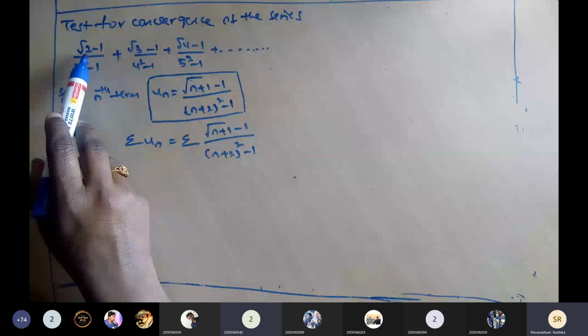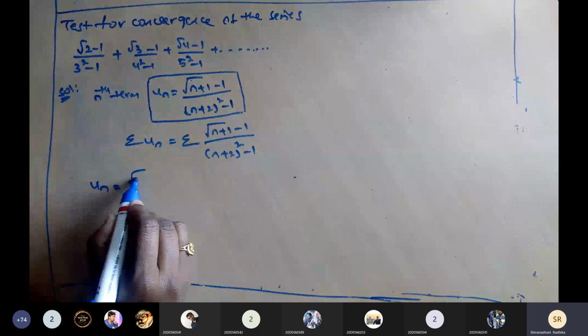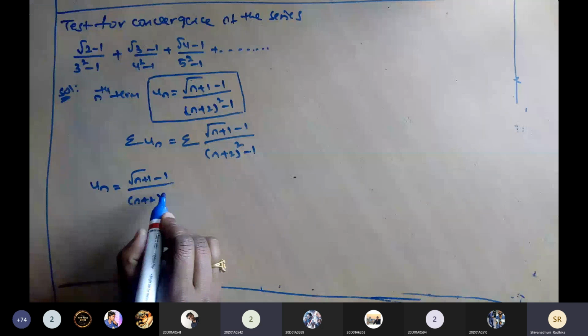Okay, then I'm going for un. What is un here? Under root of n plus 1 minus 1 by n plus 2 whole square minus 1. Now in this also we can go for choosing of Vn.